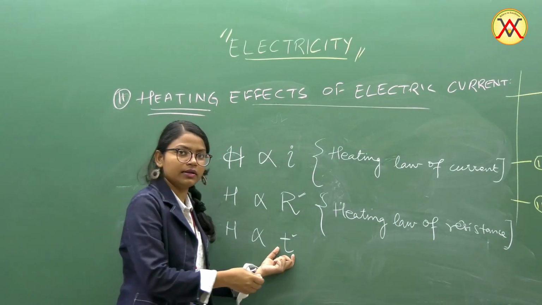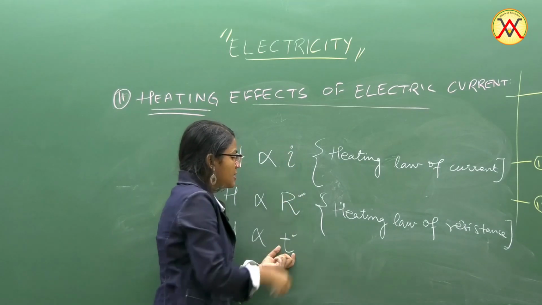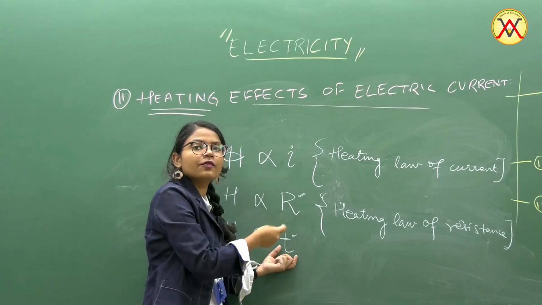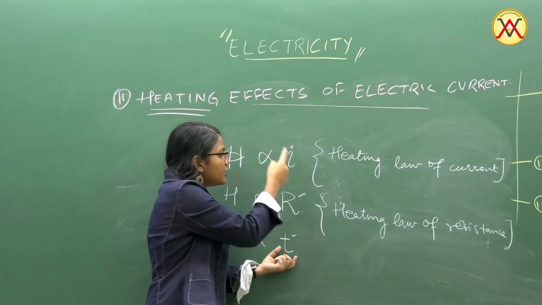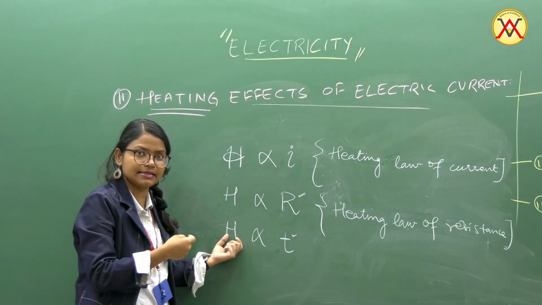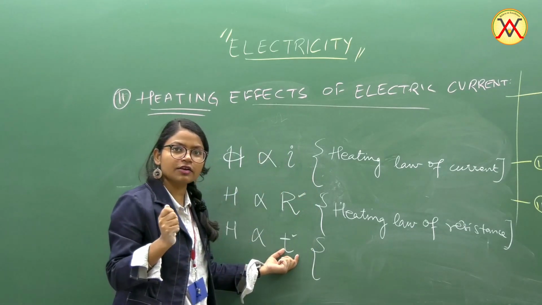Coming to our third one, time. Keeping our current constant, our resistance constant. If the current through any resistor is being flown for more amount of time, we will get more heat. If the current through that resistor is flown for less amount of time, we will get less heat. How? Take the same example of a heating rod.